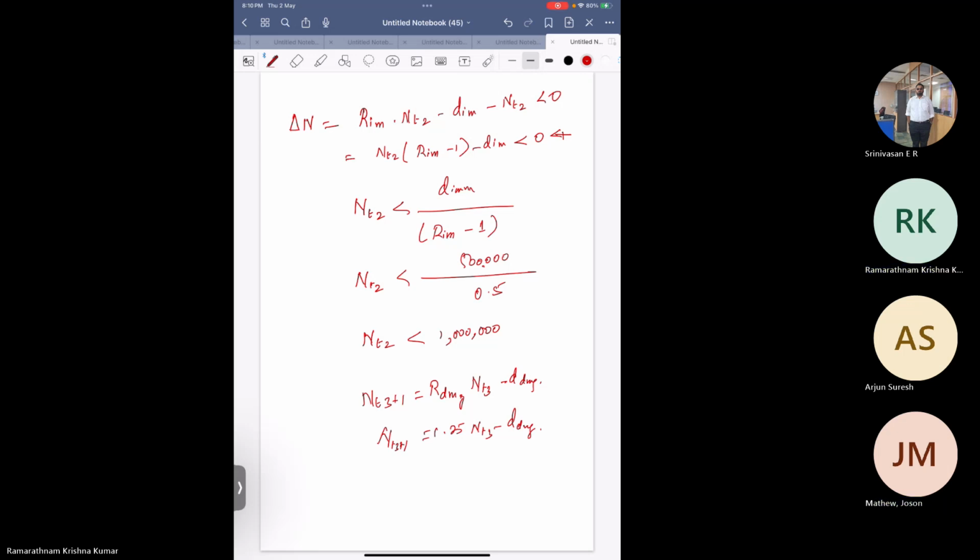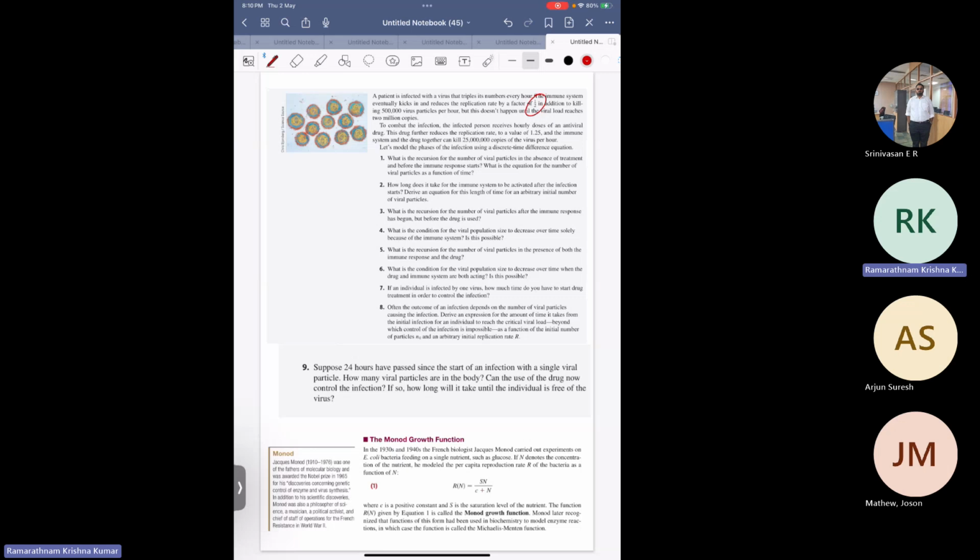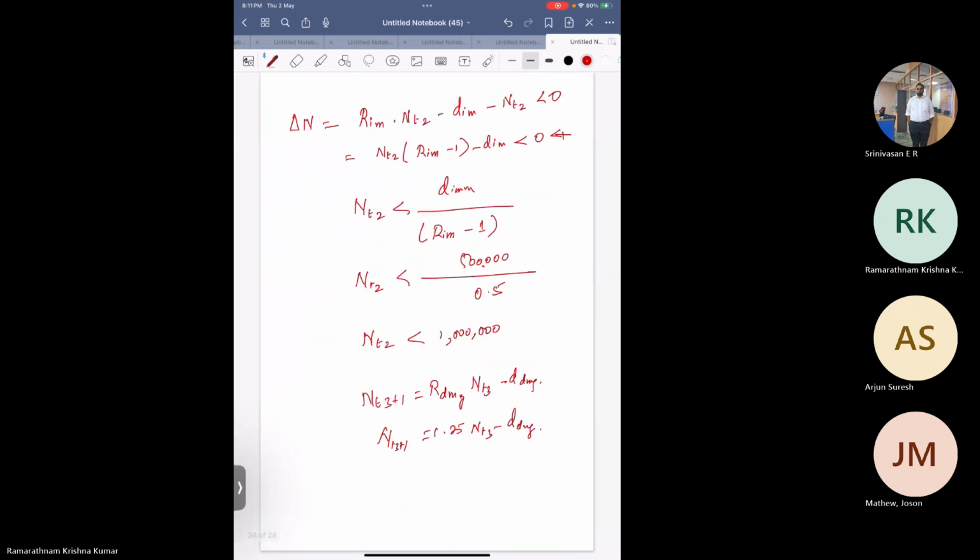Yes, sir. Now, question 6 is similar to what we did before. What is the condition for the viral count to decrease over time when the drug and the immune system are both acting? Is this possible? Very interesting results. Can you do this? Same. So N(T3) less than D drug divided by R drug minus 1. What is delta N now?